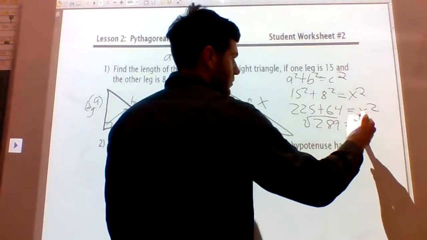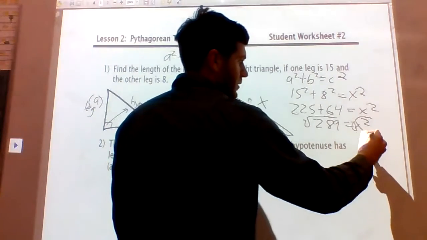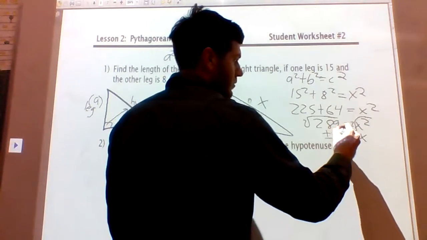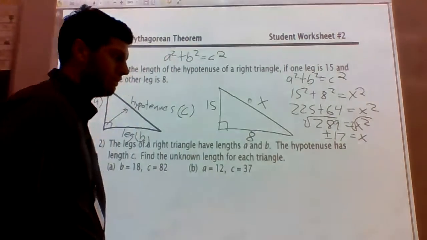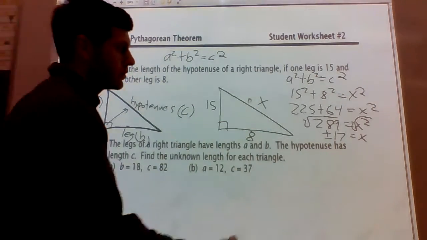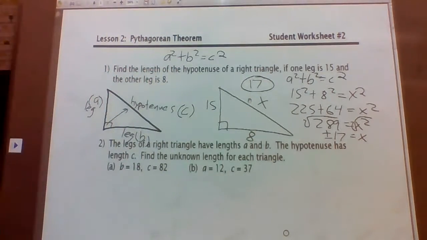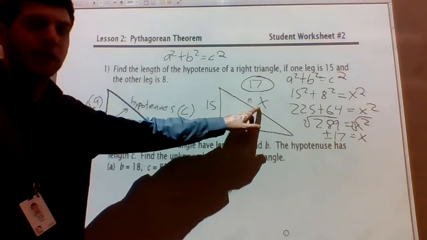So we need to take the square root of 289 and x squared, and we get x equals plus or minus 17. But we can't have a negative length. So our answer is just simply going to be 17. Can't have a negative length, so we can't have a negative 17.